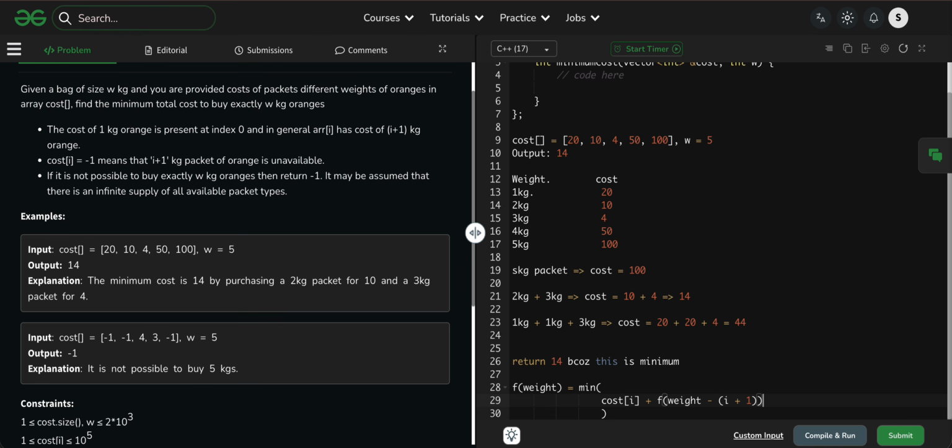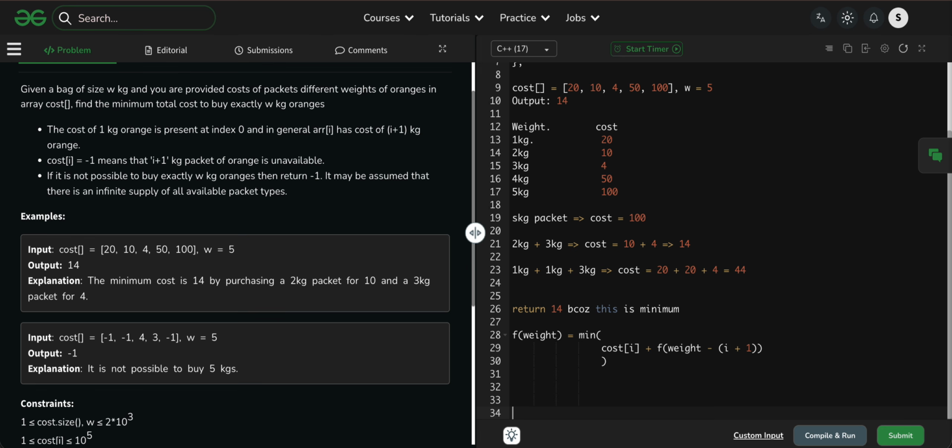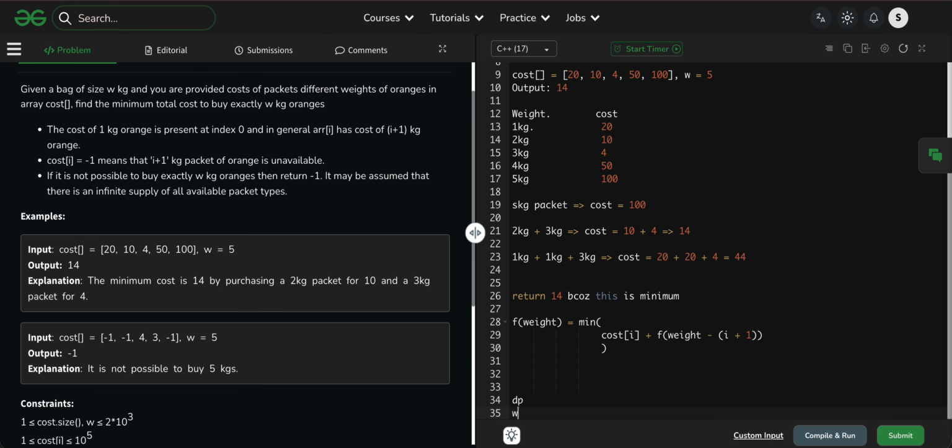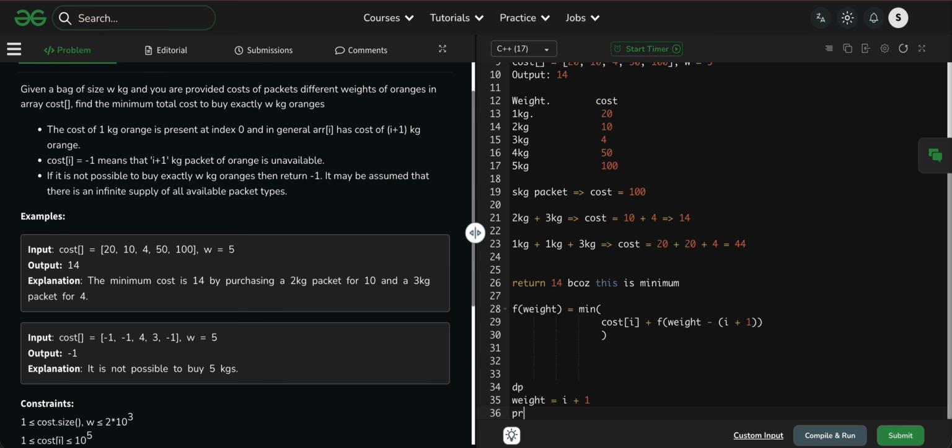Now I go on the DP, and always update. With the DP technique, weight is equal to i plus 1 and price is equal to cost of i, right?